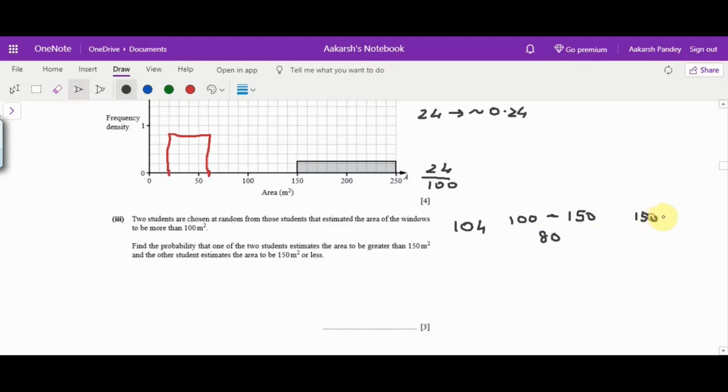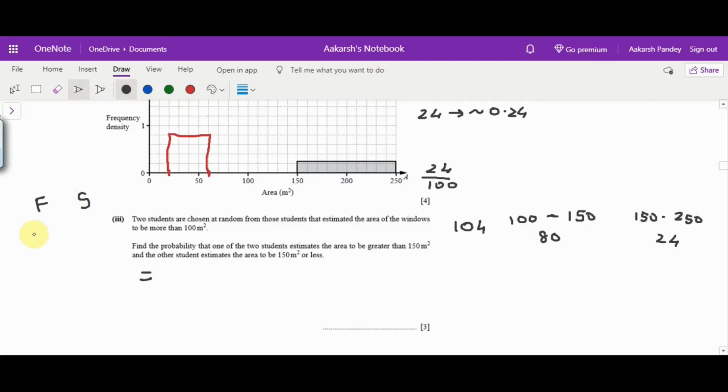From 150 to 250 I had 24 students. Now the probability will be, it can be that I have a first student, let that be F, and my second student.